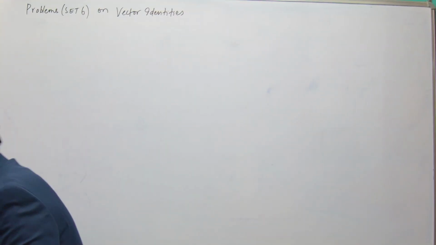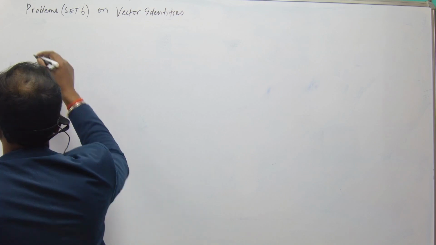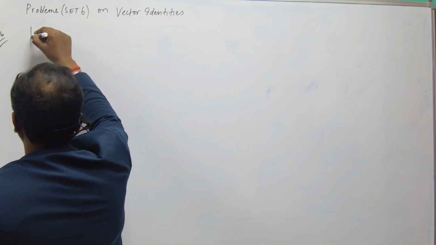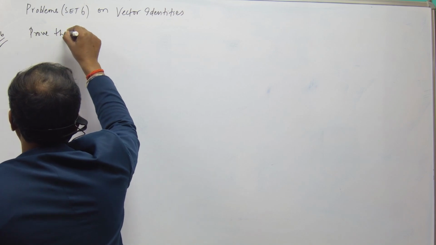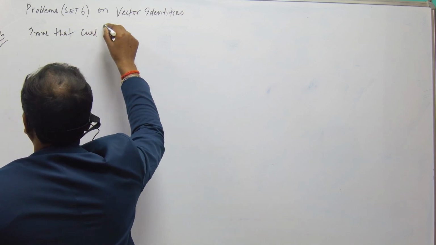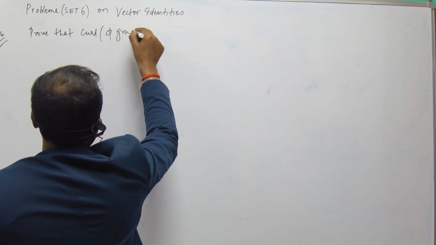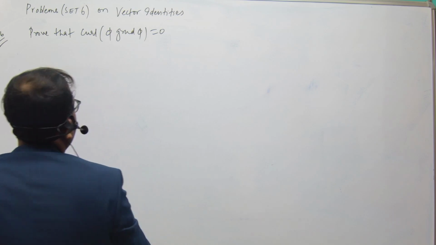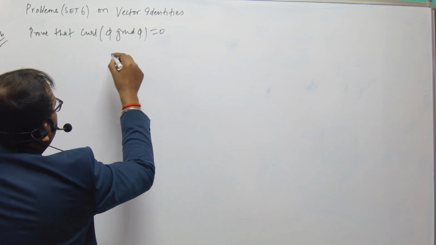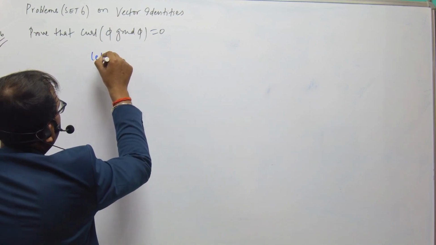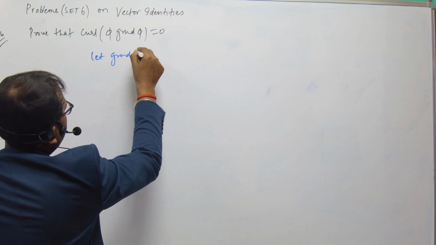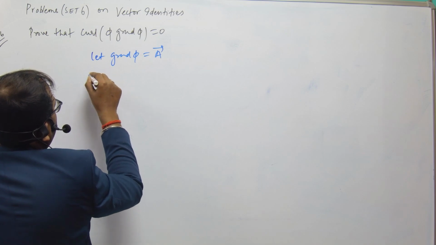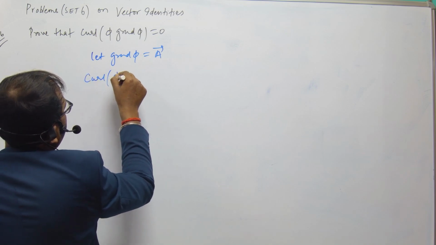We have the first question, question number 36. We have to prove that curl of phi times gradient of phi is equal to 0. Okay, so let us solve this. Let gradient of phi be a vector. We have curl of phi times gradient of phi.